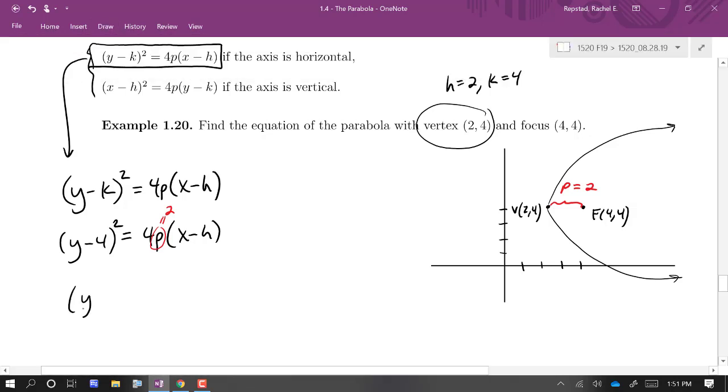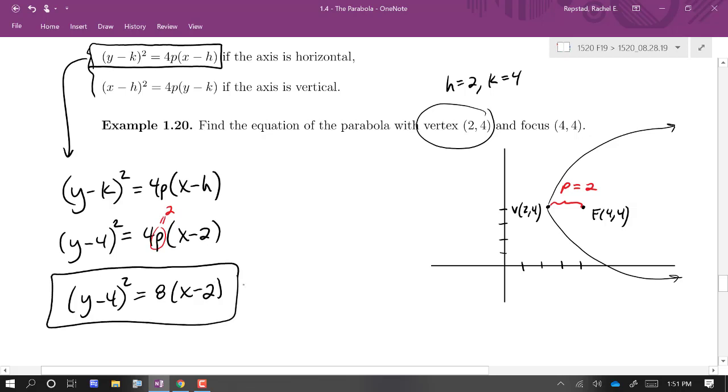So that gives us (y minus 4) squared equals 8 times (x minus 2). Whoops, I didn't fill in the 2 before. There's the equation. That's the standard form.